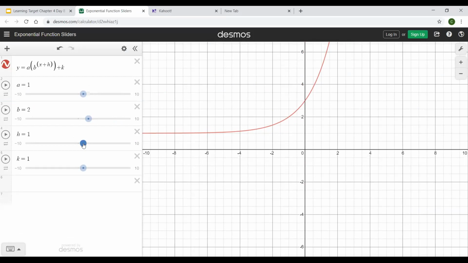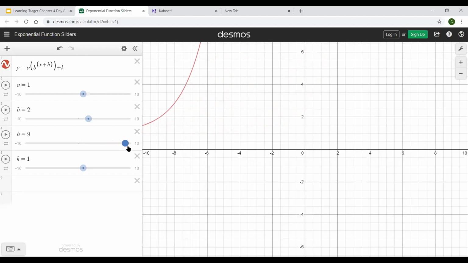Is h in parentheses in your equation? Yeah, so that means it's going to be the opposite of what we think is actually going to happen. So watch when I take h and I increase the numbers. I'm increasing 1.9 through 4.9, 5.5, 6.3.